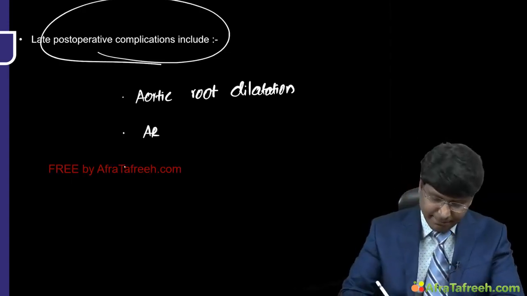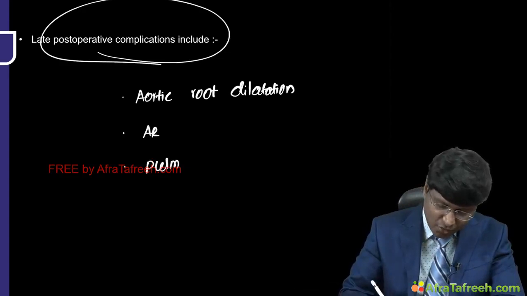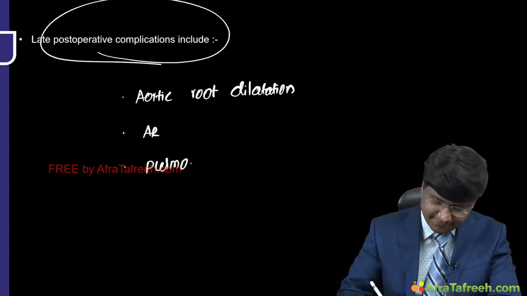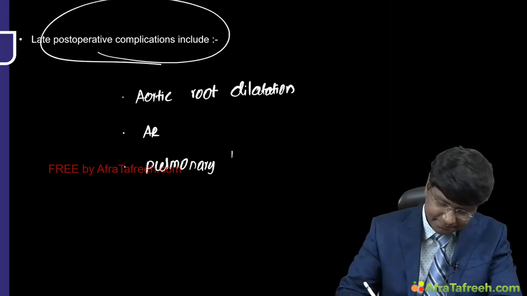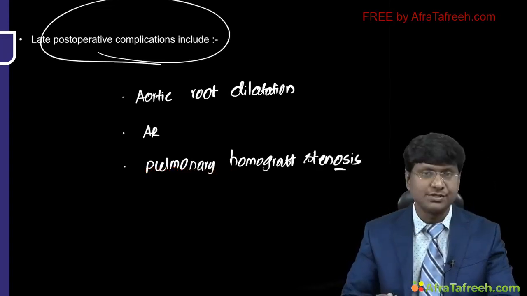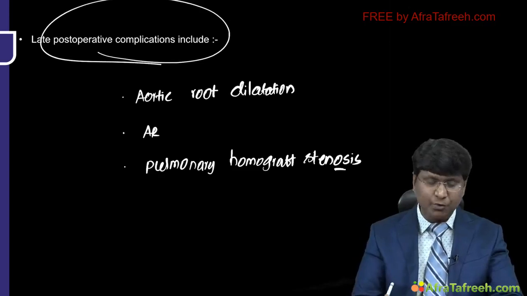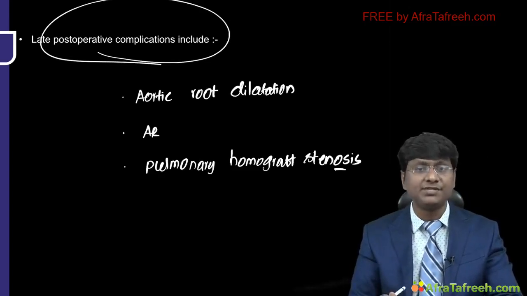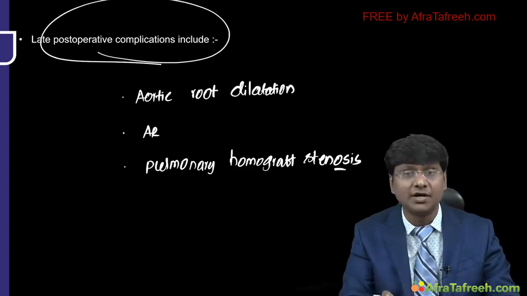Number three, pulmonary homograft stenosis. So these are the late post-operative complications in patients who have undergone the Ross procedure.